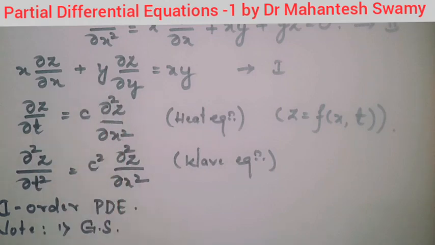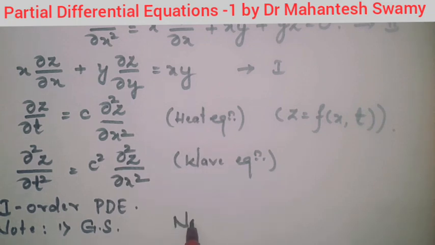On the other hand, this is another important thing to be noted: if the PDE is of order more than 1, that is, if it is of higher order, then the number of arbitrary constants in the general solution will be more than the number of independent variables appearing in the PDE. That is another important note we have to take into account at this moment.